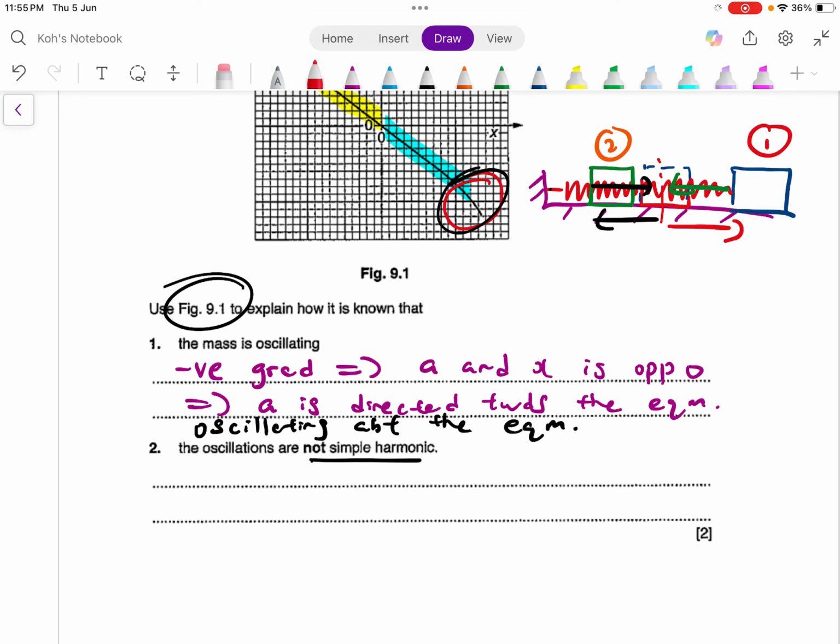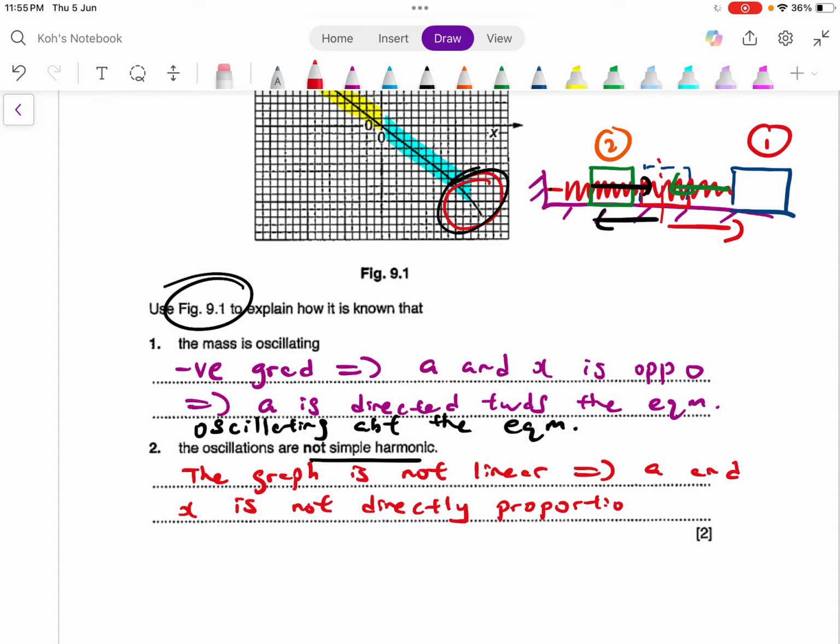So just say that the graph is not linear, hence acceleration and displacement are not directly proportional. So that's the second part. Of course, remember, you must use figure 9.1, or if they give you a formula, you must also use the formula to explain why.